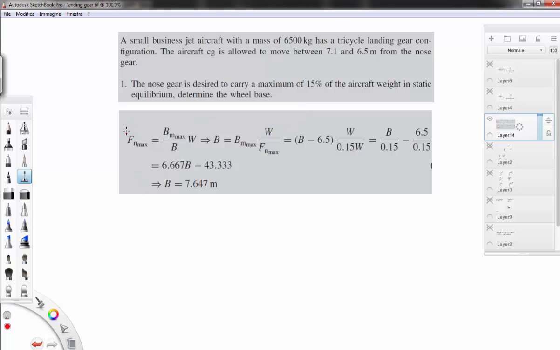So we are starting from the formula we saw above. Then we are solving for B, because B is our unknown.